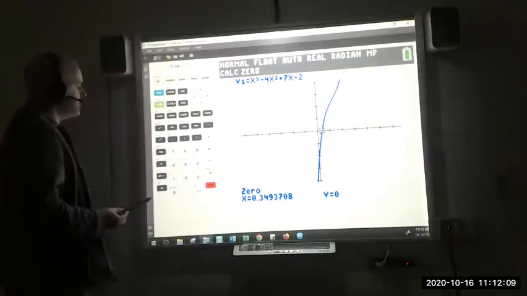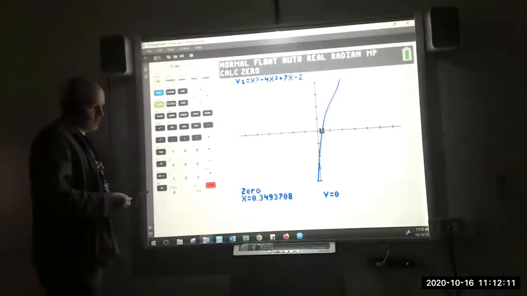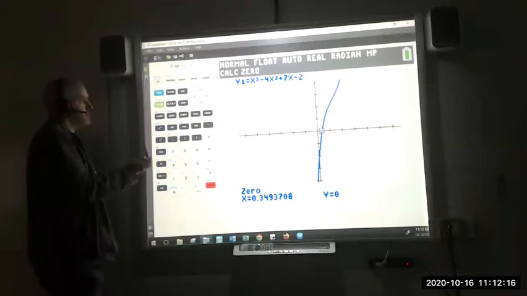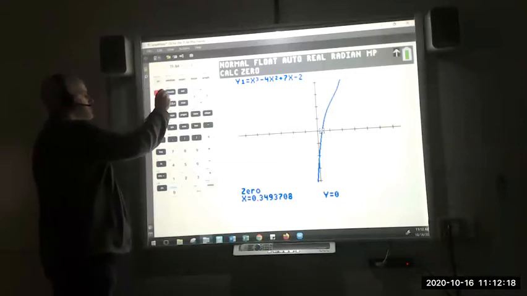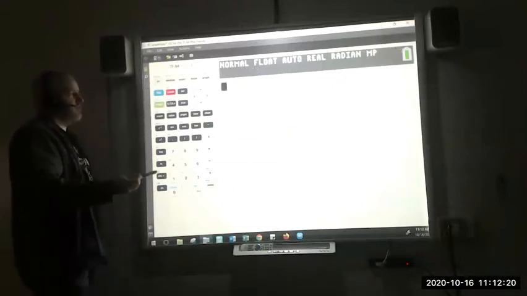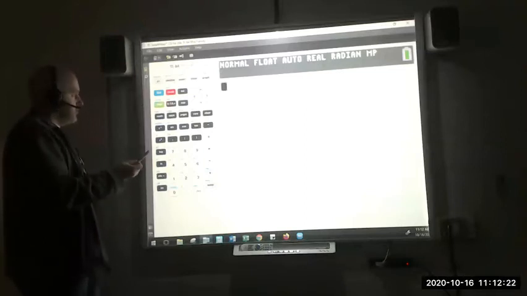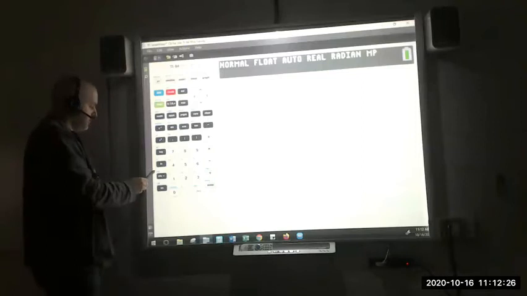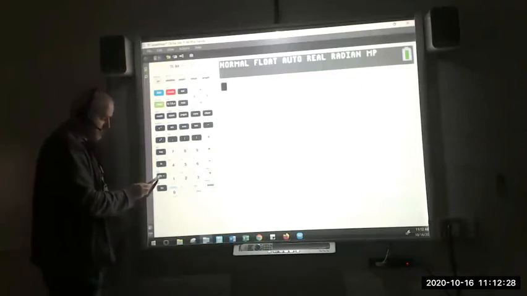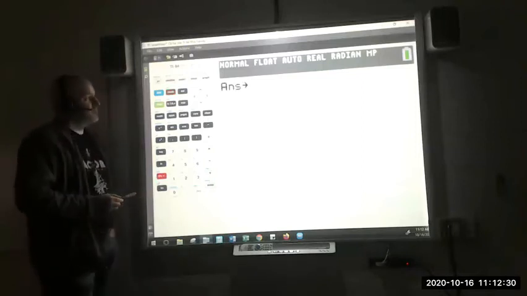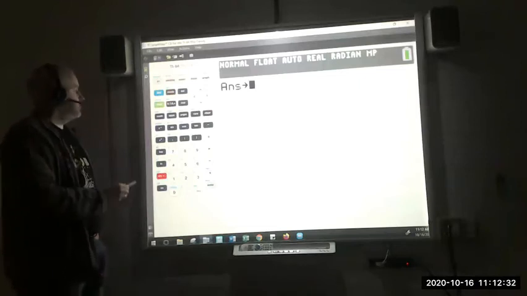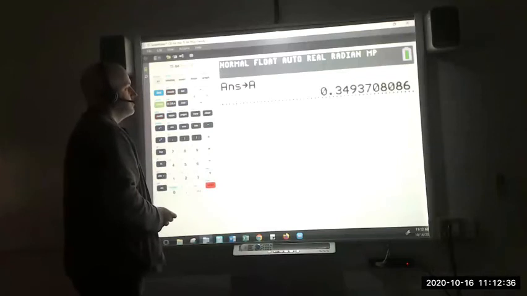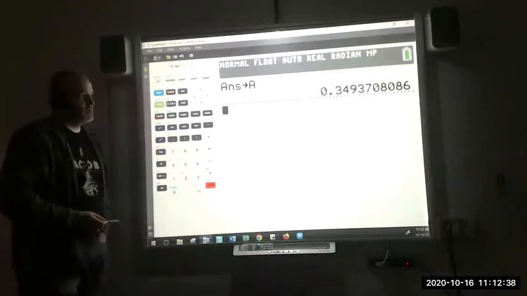Well, in order to do that, we got to get back to the home screen, the main calculation screen. And the way we do that is by quitting, which is second mode. So if you go second mode, it takes you back here. Now, if we don't press anything after quitting, but the store button, that's STO with the arrow, it's going to store that for us.